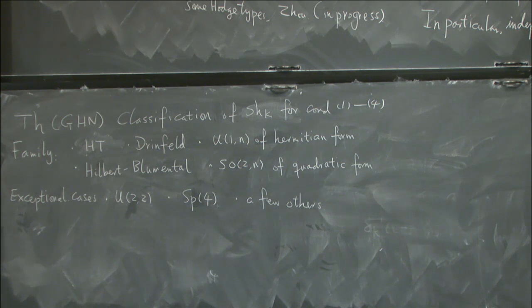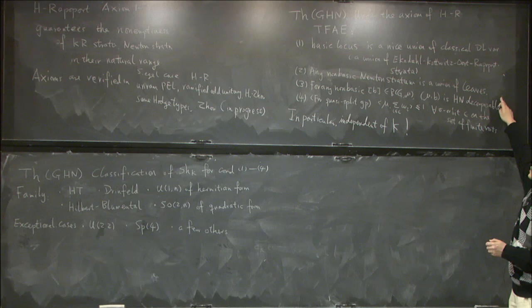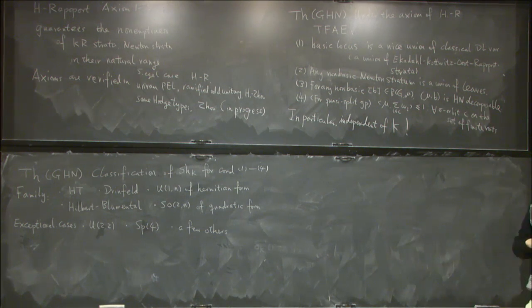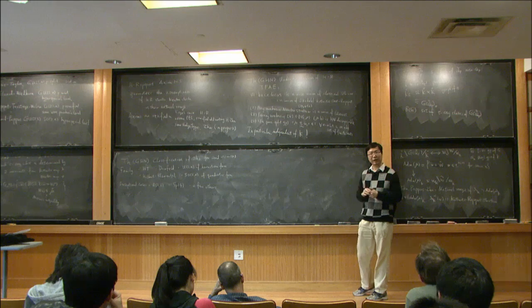But this involves many steps, and in general, this is very complicated. So even for Sp6, one has to use the affine Deligne-Lusztig variety. There's no way to decompose this as a classical Deligne-Lusztig variety. And also, these properties actually do not hold. For example, the non-basic locus is also much more complicated.